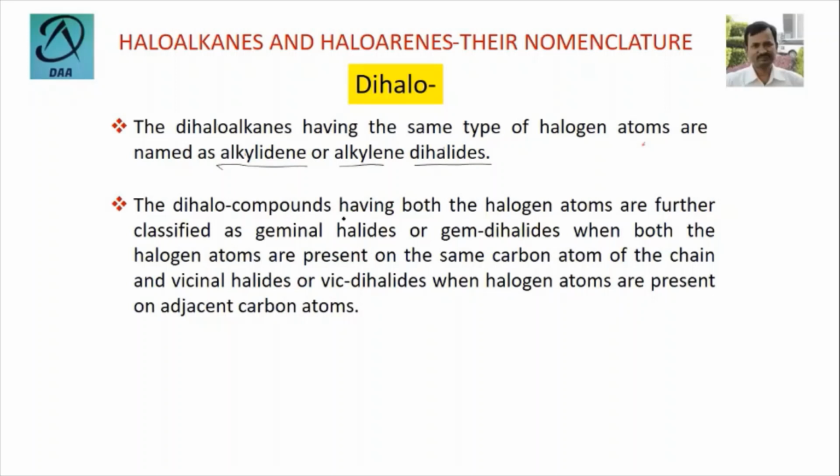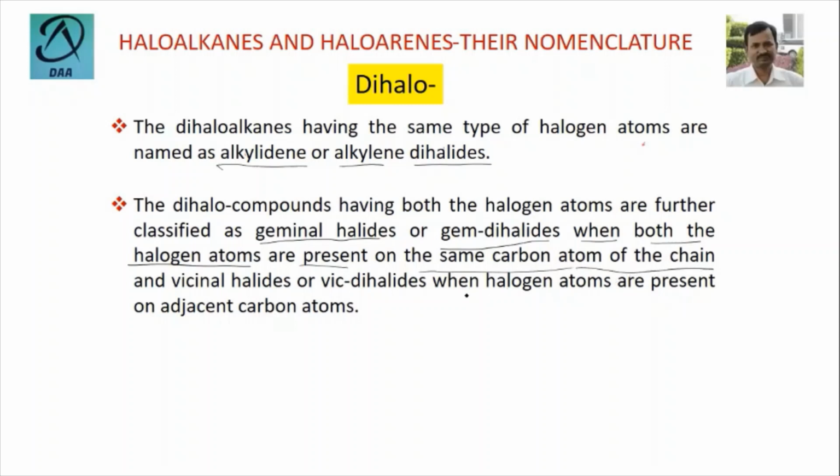The dihalo compounds are further classified as geminal halides or gem halides when both the halogen atoms are present on the same carbon atom of the chain. We'll see the example.